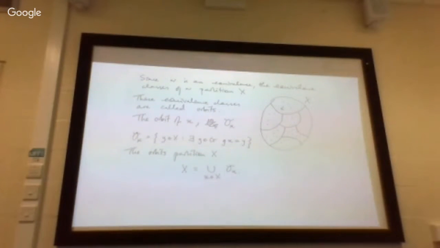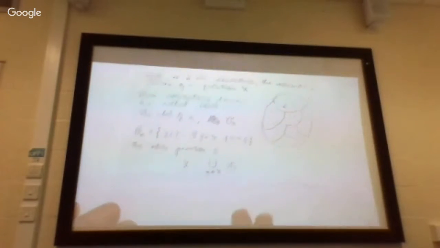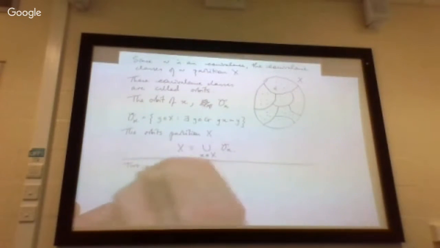The next thing becomes two more definitions: fixed point set and stabilizers. Two more definitions.